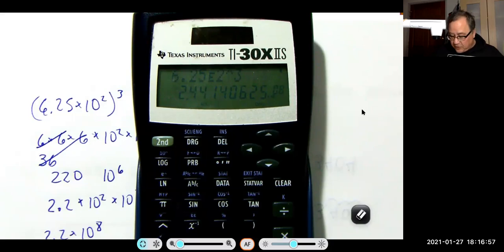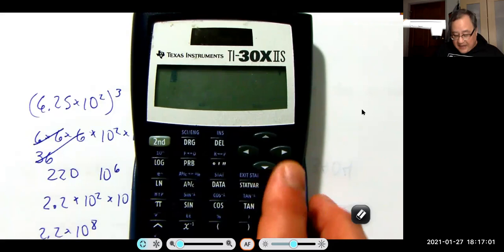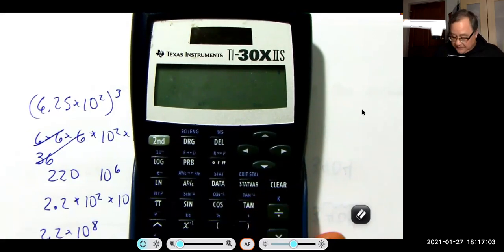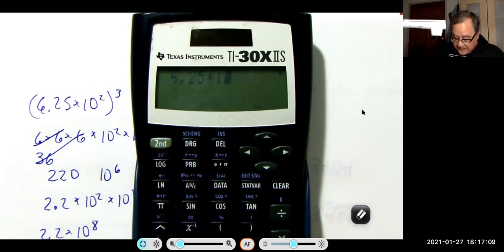Now, let me show you another way to do this. And this is going to end up being wrong. So I'm going to put 6.25 times 10 to the caret 2. So a lot of people like to use the caret for any 10 to some power. Now we're going to raise this to, we're going to cube this.